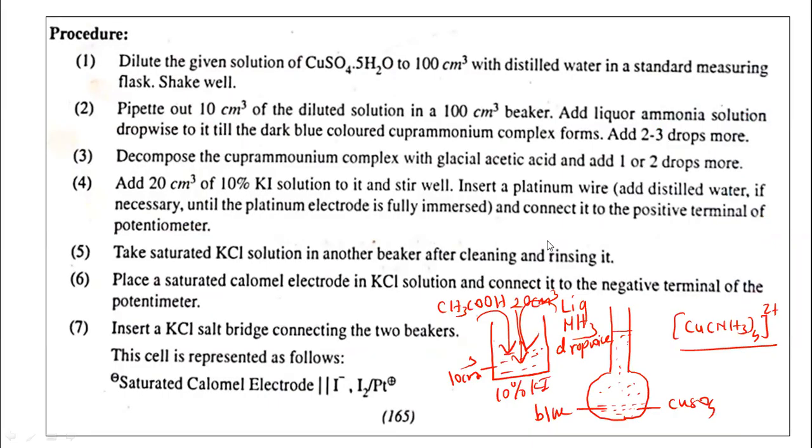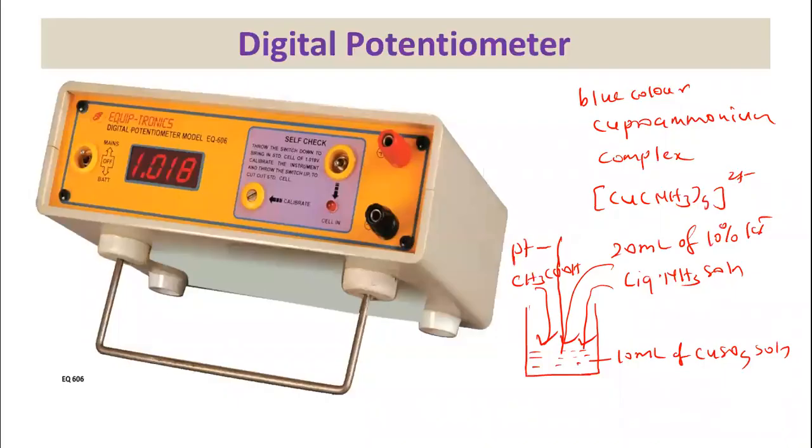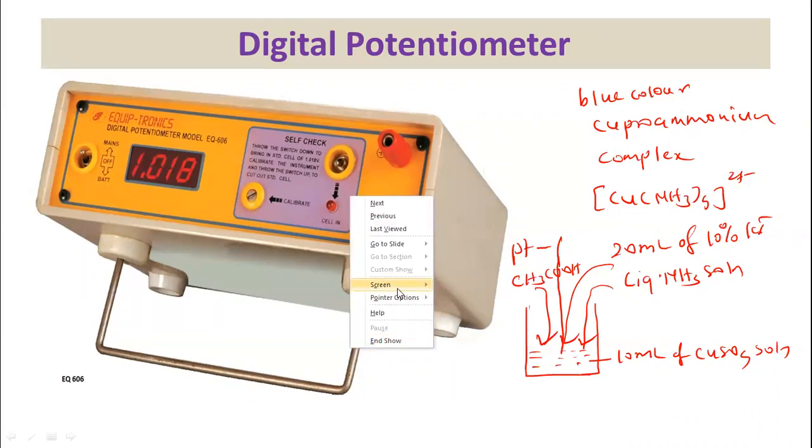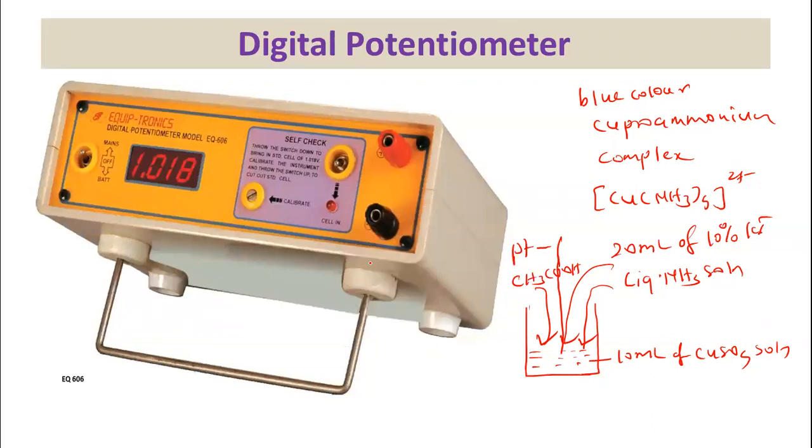Take a saturated solution in another beaker. In another beaker, we have to take the saturated solution of potassium chloride.